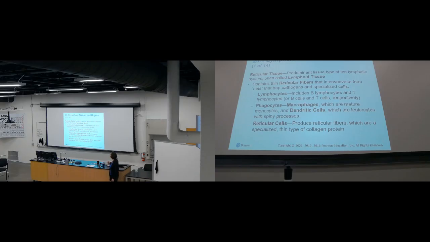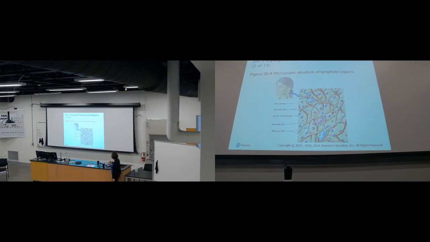It can be macrophages, dendritic cells that are like cells, leukocytes with extensions of the cytoplasm that look like a spine. And this is how this tissue looks.